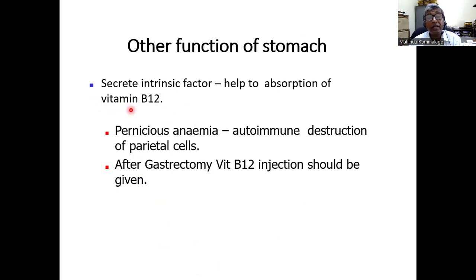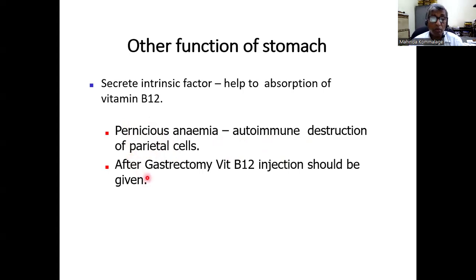And if there's damage to the stomach, like partial gastrectomy, or one disease called pernicious anemia, where there is autoimmune destruction of parietal cells, because parietal cells are the cells that secrete intrinsic factor, they will get B12 deficiency and a special type of anemia.